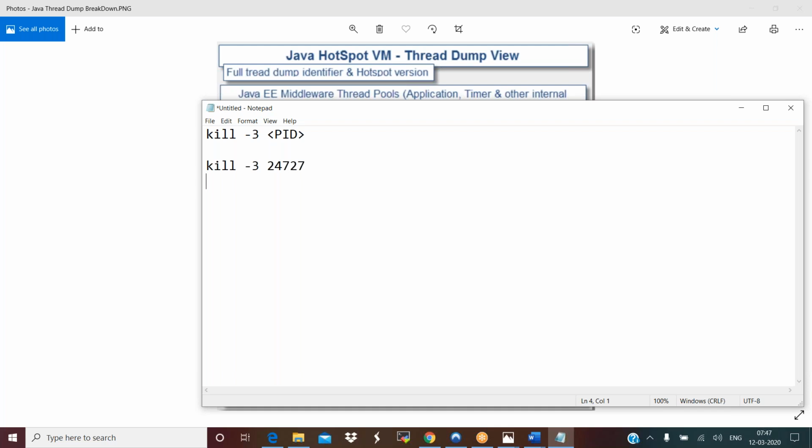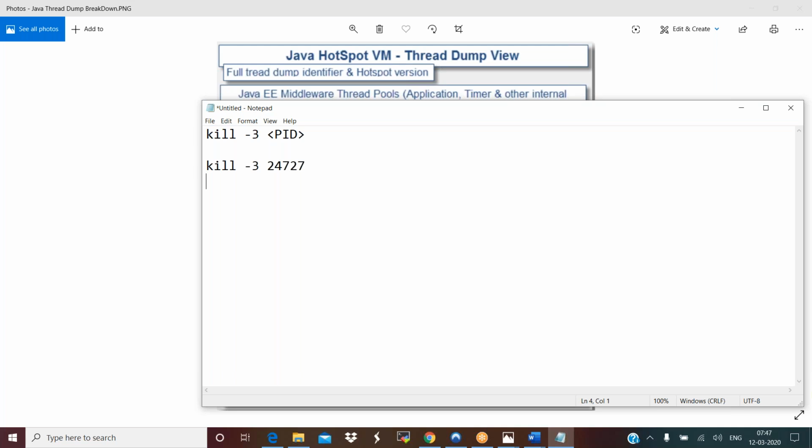What is this command used for? It will stop the process. No. Basically, this command is used to take a thread dump snapshot on Unix servers. And this particular thing is available only from Java 5, I guess.